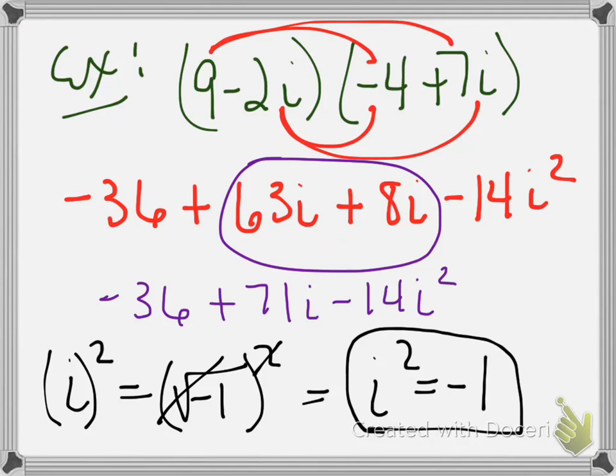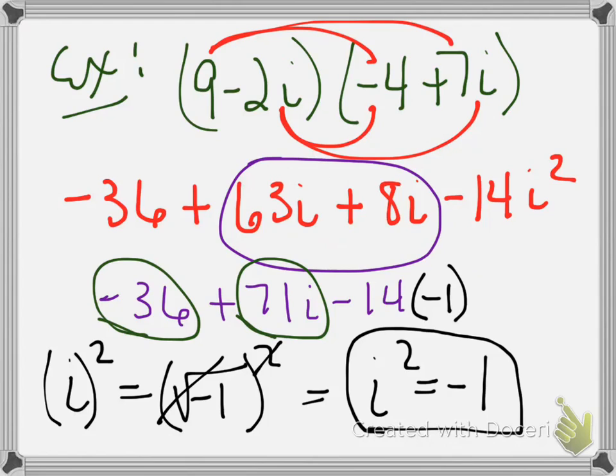So what if I do a little bit of simplification here? If I come back into my problem where I had i squared and I instead replace that with negative 1, then my problem's been changed a little bit. It looks like now I've got negative 36 plus 71i, and then this is going to end up to be plus 14. So that's definitely going to change my answer.